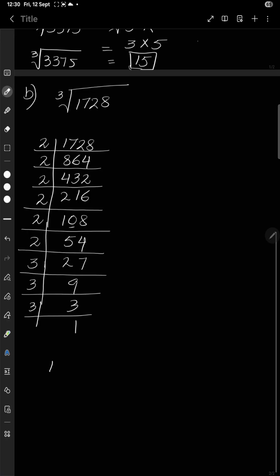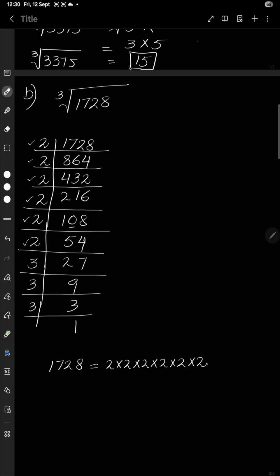So can I write 1728 is equal to how many 2s? 1 2 3 4 5 and 6. And how many 3s? 1 2 and 3.